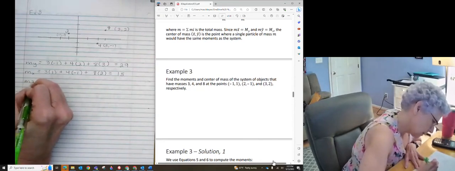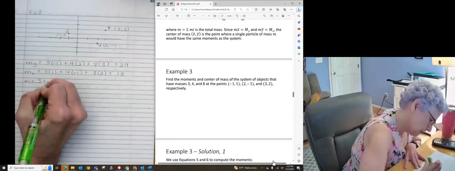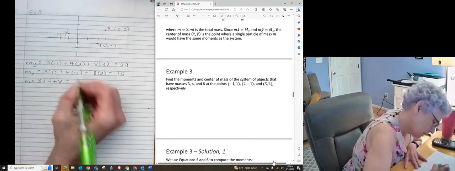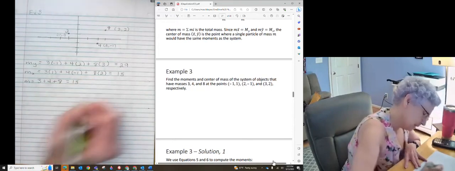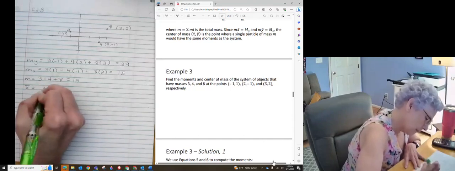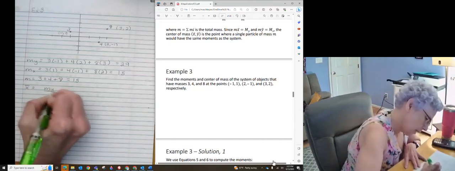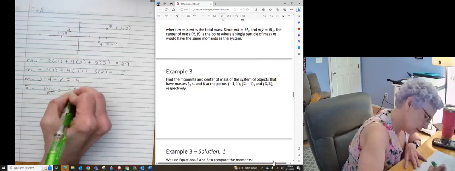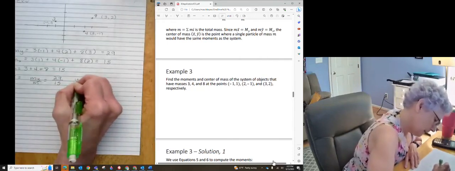Now I need my total mass, which is 3 plus 4 plus 8. So 7 plus 8 is 15. So x bar is m sub y over m. So 29 over 15.